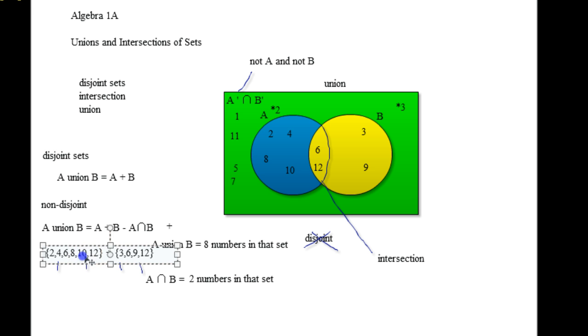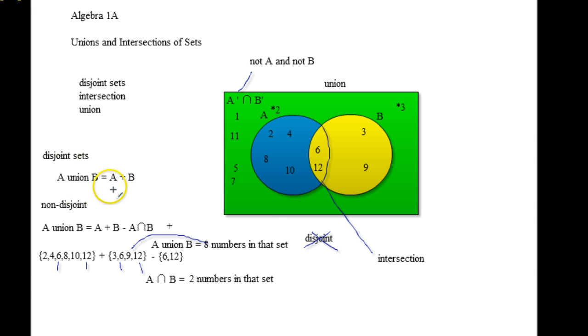So I have this all set up like this. And so what I need to do is subtract that. So I'm going to subtract the set of 6 and 12 from it, and I'll actually get my 8 numbers. That's the only way you can ever get the 8 numbers of a disjoint or non-disjoint set.